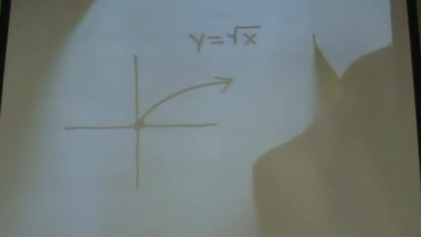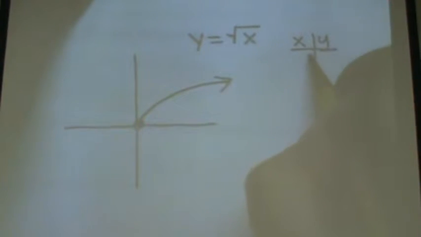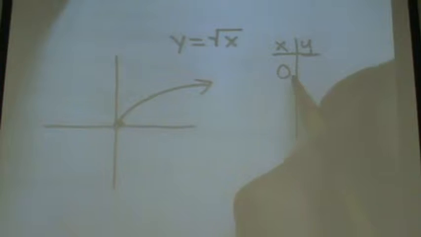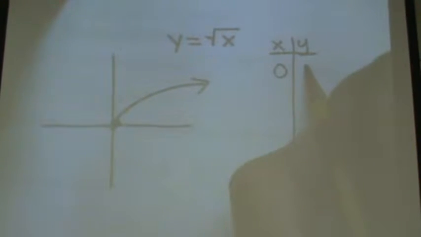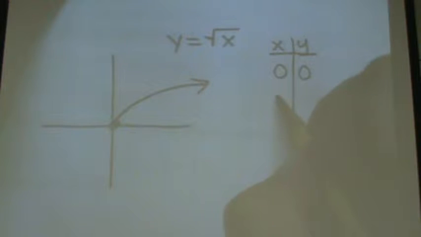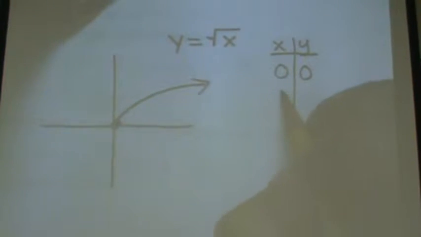So if we made a table of values, what's the very smallest number that you could take the square root of? 0. And what is the square root of 0? If you put 0 here, what would you get? What's the next number that you could square root off the top of your head without whipping out a calculator? 1.